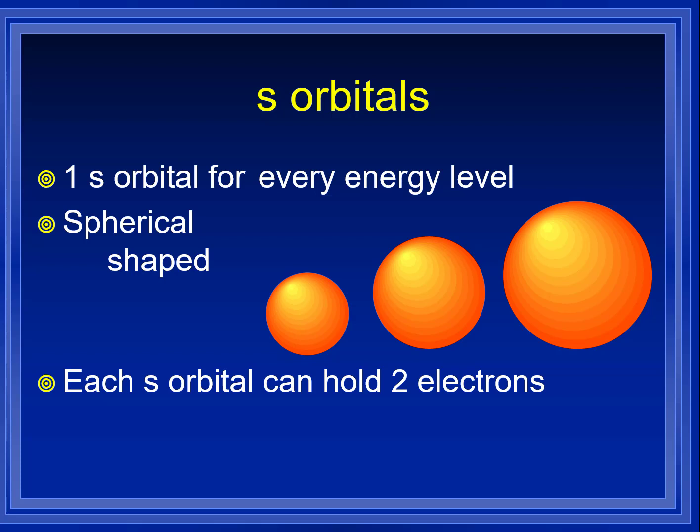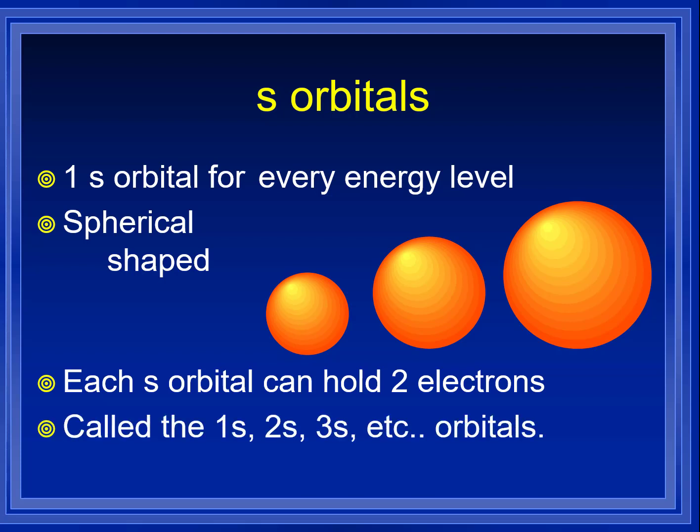That's what we're saying. Okay? Now we are too lazy to say the first energy level's S orbital and the second energy level's S orbital. That's a lot to write and say. So we shorten it and we call it 1s, 2s, 3s. So the number in front is the energy level, the S is the shape, the type of orbital.